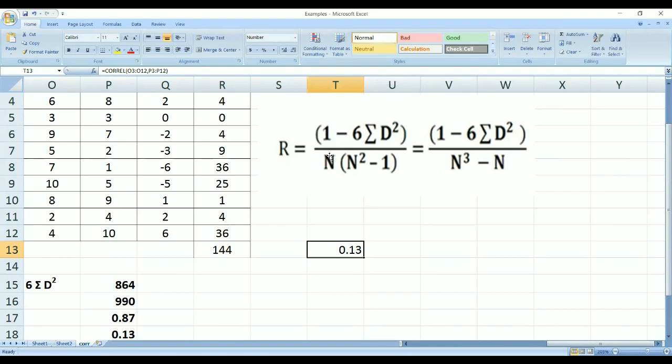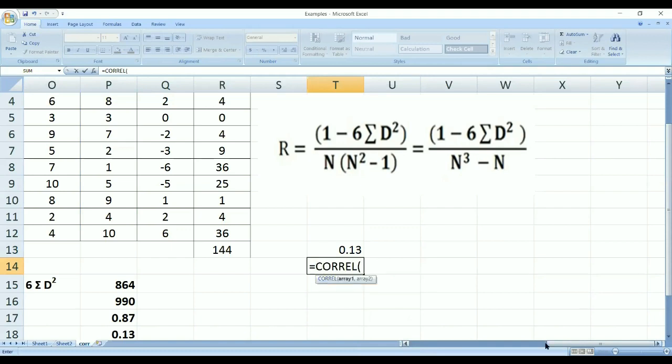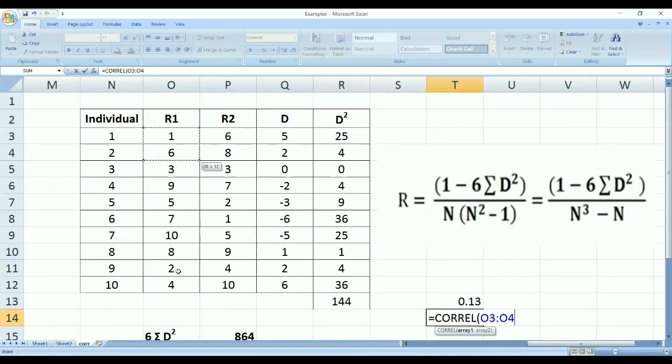Yes. Now if you want to check the answer, you can directly give it like this. Just give an equal to sign. Just type CORREL, this function comes. Choose those two cells: array 1, and array 2 means the second variable, that is P3 to P12.